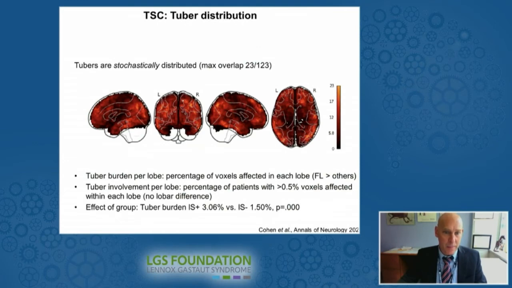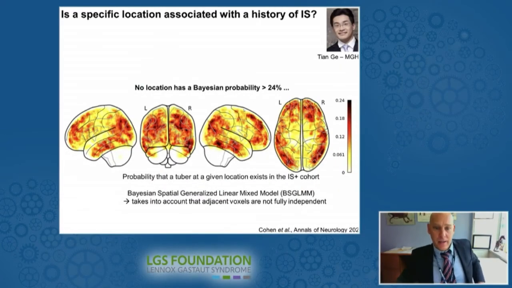And we found that they were really randomly distributed, and the way that we calculated that is by this Bayesian spatial generalized linear mixed model, which is basically a model that takes into account that if you have one voxel that is occupied by a tuber, or defined as being part of a tuber, you have an increased chance that the voxel right next door is also part of the tuber.